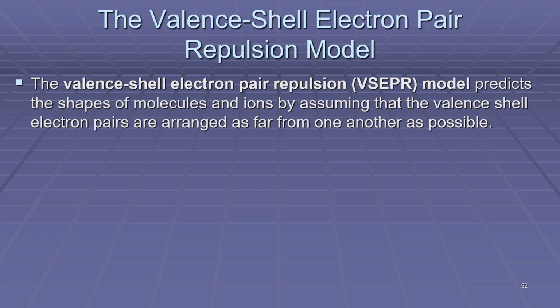Electrons repel each other, so all the pairs of electrons around the central atom want to be as far apart as possible.